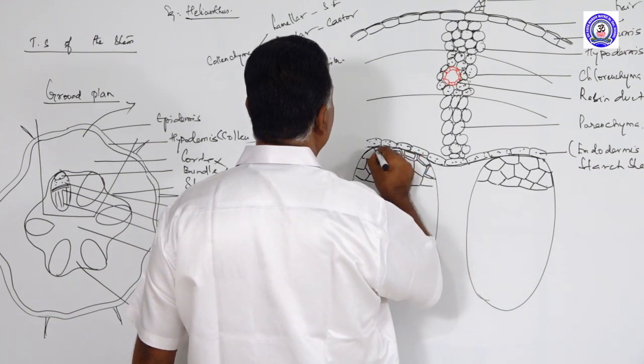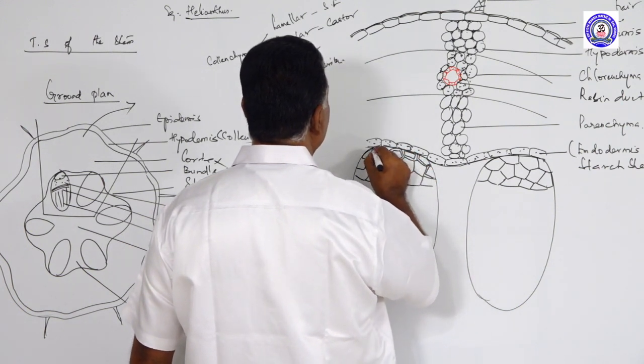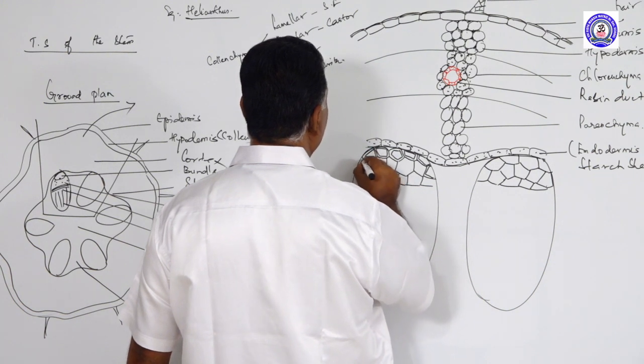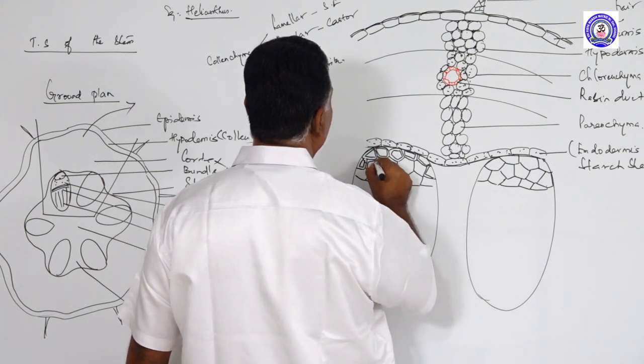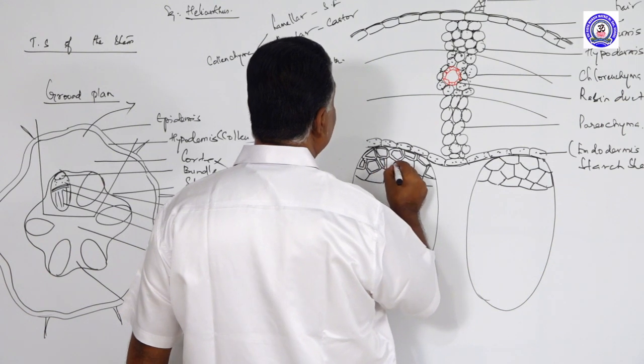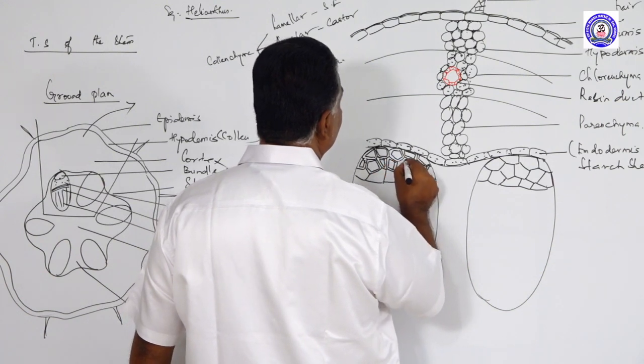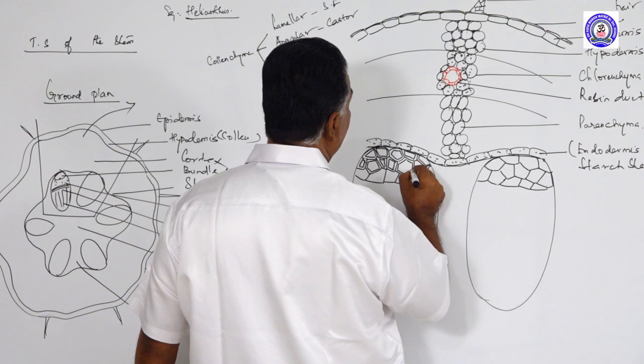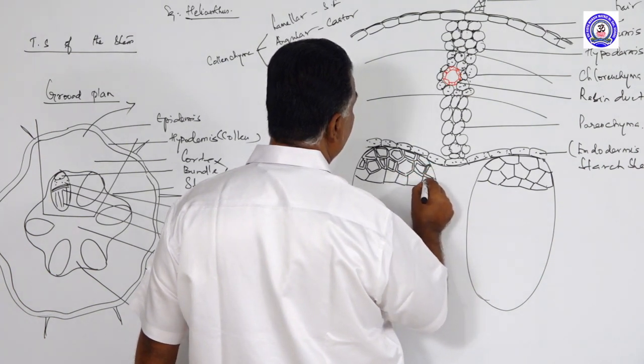As I said earlier, the bundle cap is a part of the vascular bundle. That is why the name bundle cap has been given. However, it is considered as pericycle. That is the difference we find between the pericycle of root and the pericycle of stem.